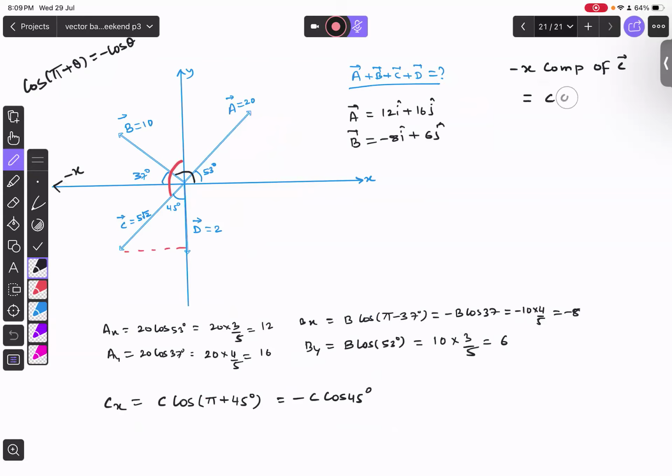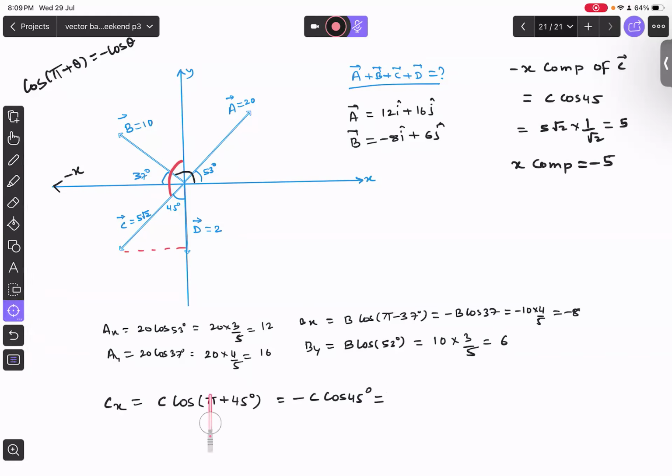So that will be C cos 45, and that will be 5 root 2 into 1 by root 2, which becomes 5. Since its minus x component is 5, the x component of vector C will become minus 5. Or you can do it like this also: you find whatever angle it has with positive x, which is 180 plus 45, and cos(180 plus 45) is minus cos 45. Either way, the answer comes the same.